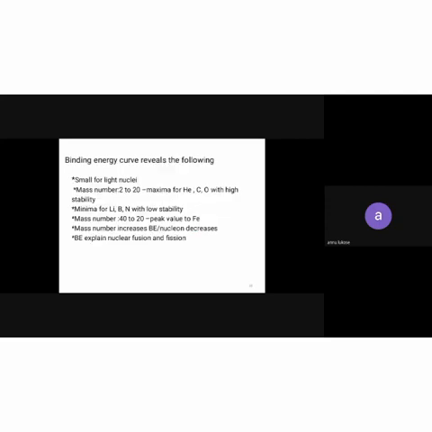Next, we come to know that the binding energy curve reveals many things. Binding energy per nucleon is really small for light nuclei, for example the isotopes of hydrogen, that is protium, deuterium, and tritium.